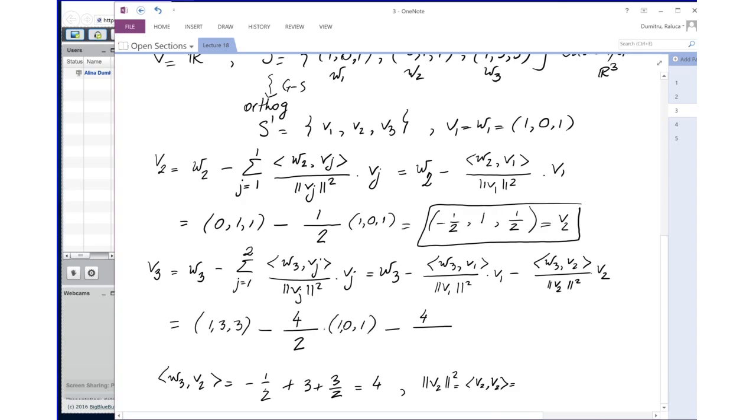The inner product between V2 and itself: 1/4 plus 1 plus 1/4. So 1/2 plus 1, 3/2. And V2 is all this.